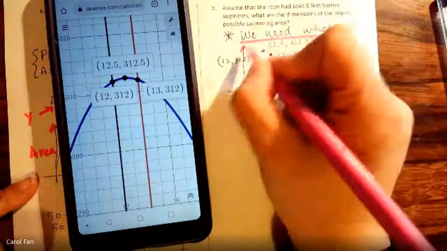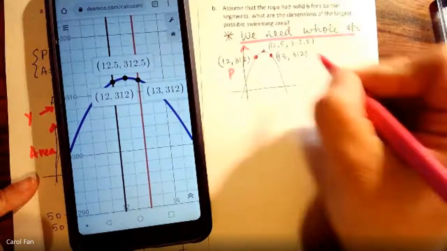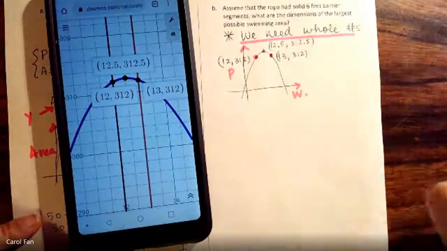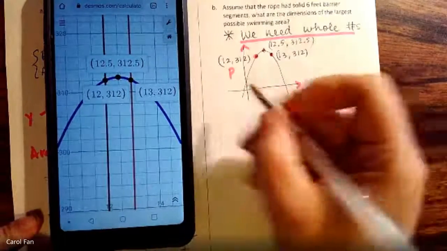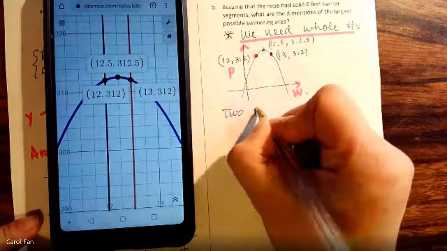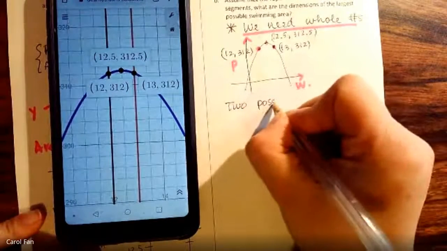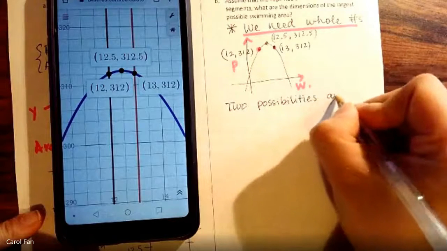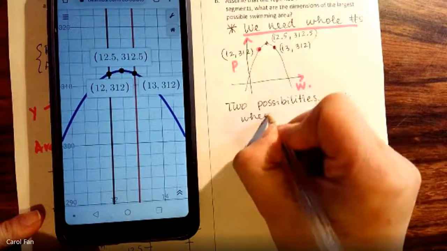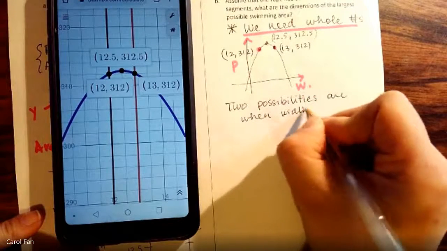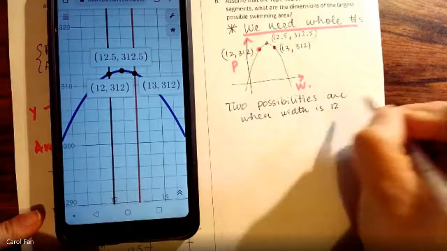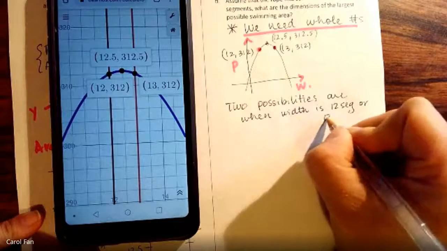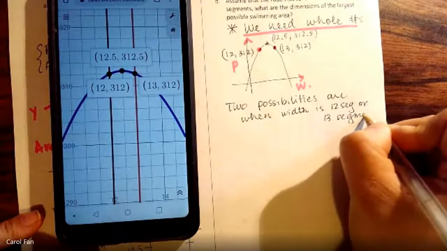We know that this is our perimeter and this is our width. So we have two possible answers now. Our two possibilities are when width is 12 segments or when it is 13 segments long.